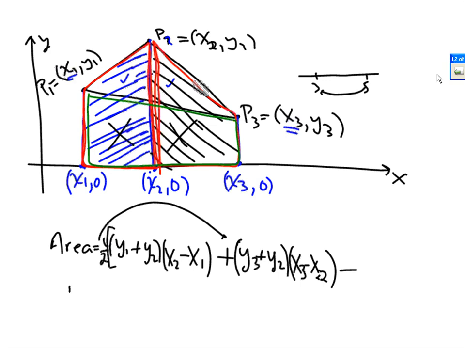The lower trapezoid goes something like this. This lower point is x1, 0. The higher one is x1, y1. Over here, we have x3, 0. We have that vertex. And up here, we have x3, y3.